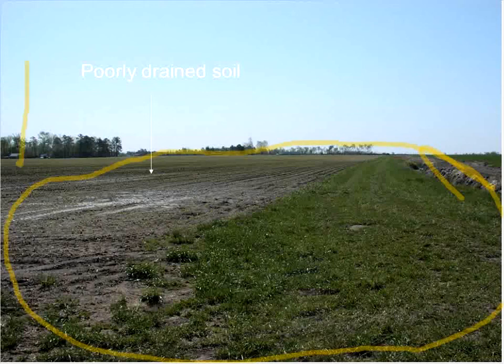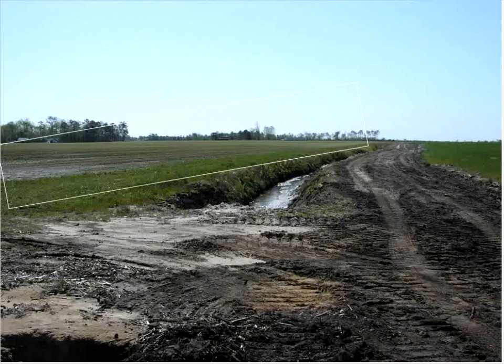This area is not drained by that ditch. So again, we would be subdividing this field into Part A, which is not drained, and Part B, which is drained. The calculation is identical to the previous calculation. You calculate the length, multiply it by the width, and then you divide it by the length to get your drainage spacing.